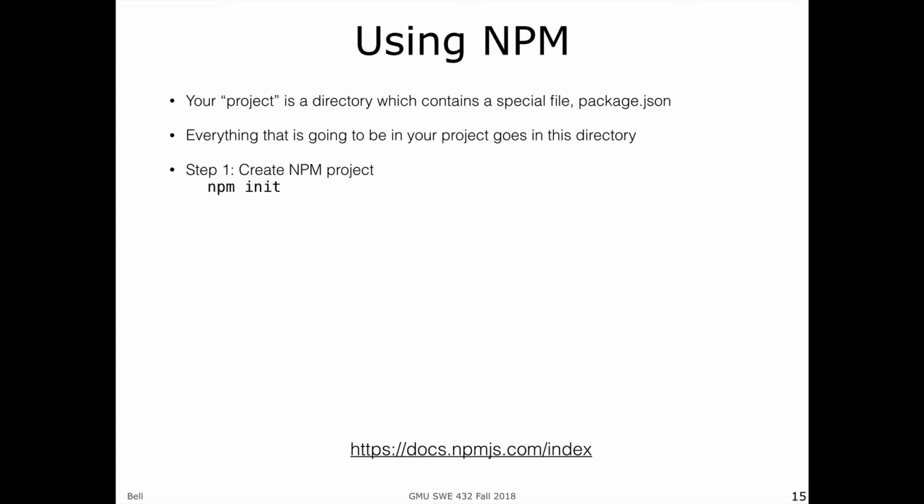You can do that by typing npm init. Then you'll declare dependencies using npm install and then the package name. And again, noting, maybe we should add this to the slide, that you'll probably want to say --save, which will add those dependencies to the package.json too.